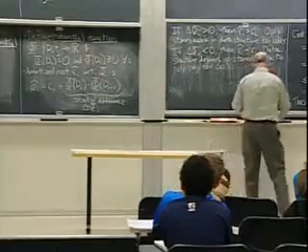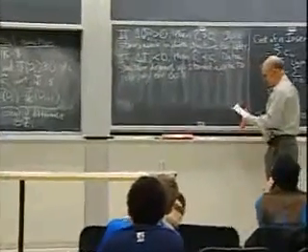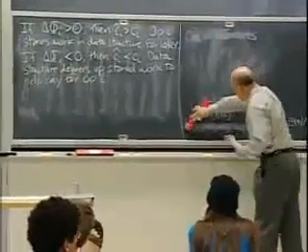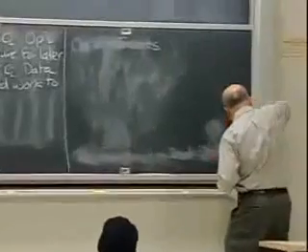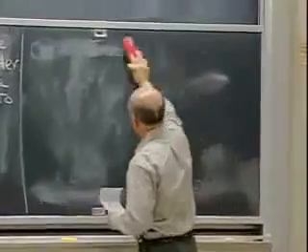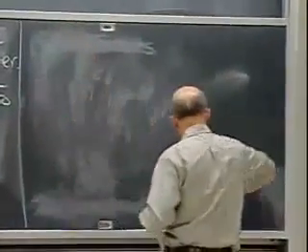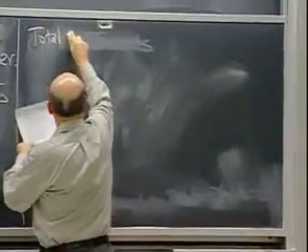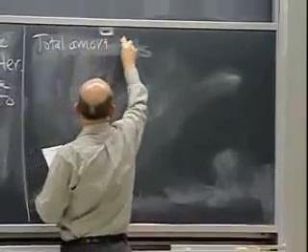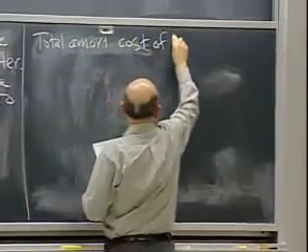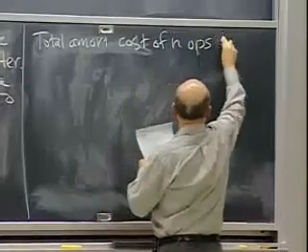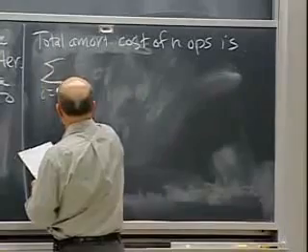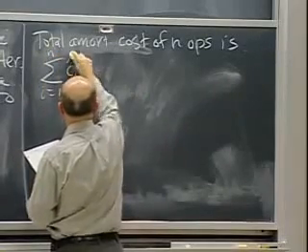So why is it that this is a reasonable way to proceed? Well, let's look at the total amortized cost of n operations. Okay, that's just the sum I equals 1 to n of c sub I hat.